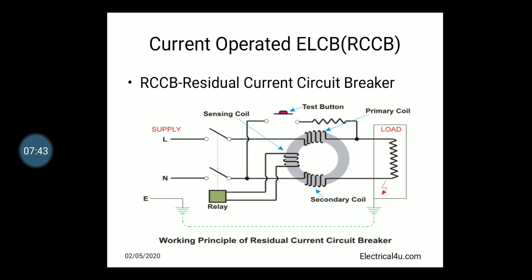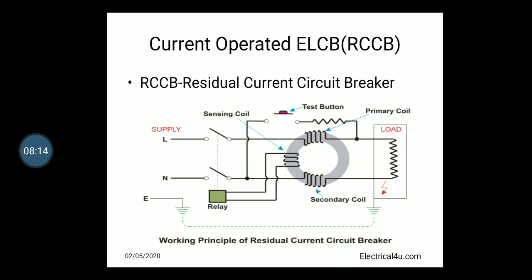As we can see at the right side of this diagram, there is a load present. Load means it may be the electrical circuit of your home, or any type of load. Earthing is also available in this diagram. At the left side, the supply is connected.